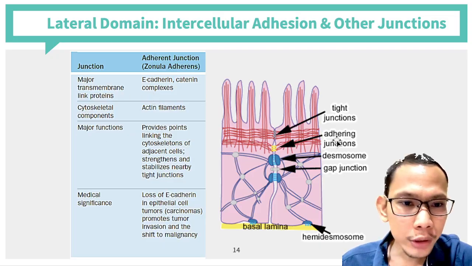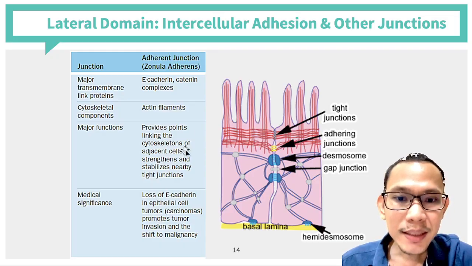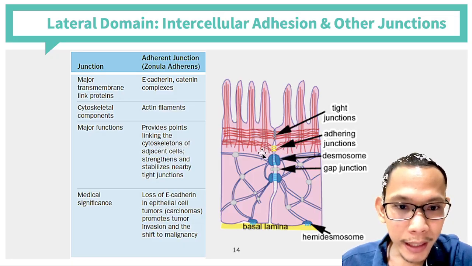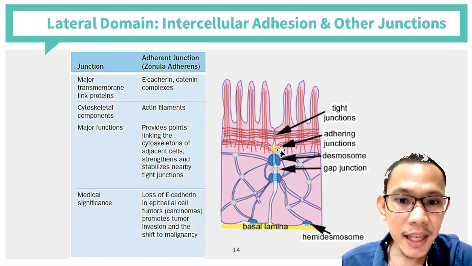What will be the function now of your adhering junctions? Of course, this adhering junction will provide points linking the cytoskeleton of adjacent cells. Again, it will link now the cytoskeleton of your adjacent cell. This is one cell, another cell. It will connect or link the cytoskeleton.